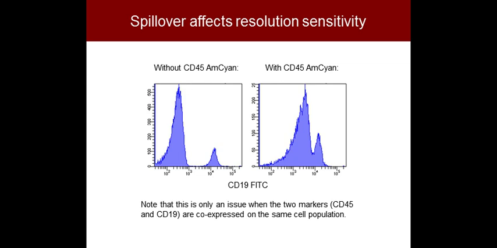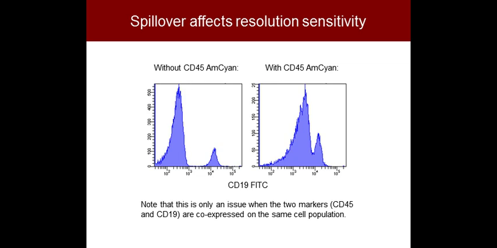And you can see that without the CD45 AmCyan, the CD19 resolution in the left panel is beautiful. It's very nice. But when we add in the CD45 AmCyan to the cocktail, now look, the two peaks are almost on top of each other. There's still a little bit of resolution, but it's pretty marginal. Why?